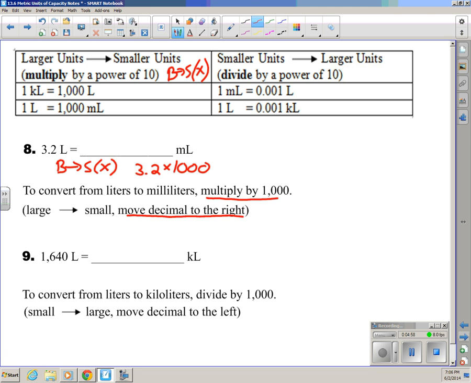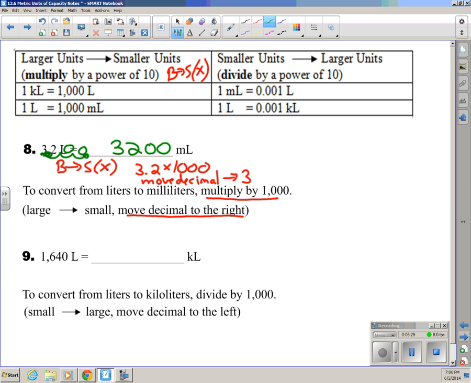How many places do you move the decimal to the right? How many zeros are in 1,000? 3. So move the decimal right 3. So my decimal point is currently here in between the 2 and the 3. I'm going to move it 1, 2, 3, and enter the decimal and fill this with zeros. So I should get 3,200.